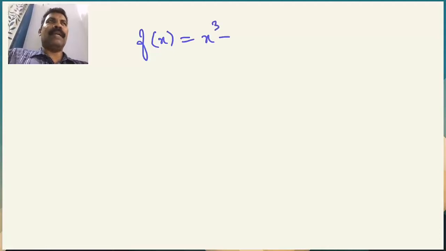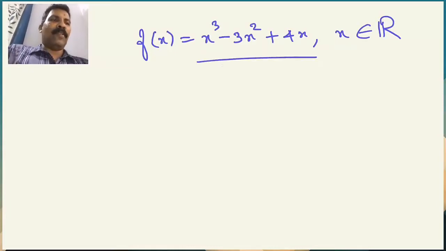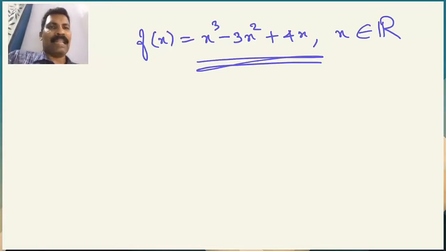Now consider the function f given by f(x) equals x cube minus 3x squared plus 4x, where x is of course in the set of real numbers, because we know that the domain of a polynomial is the set of all real numbers. That is very clear.